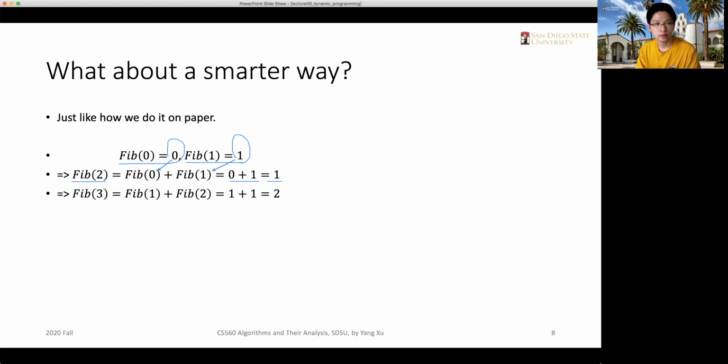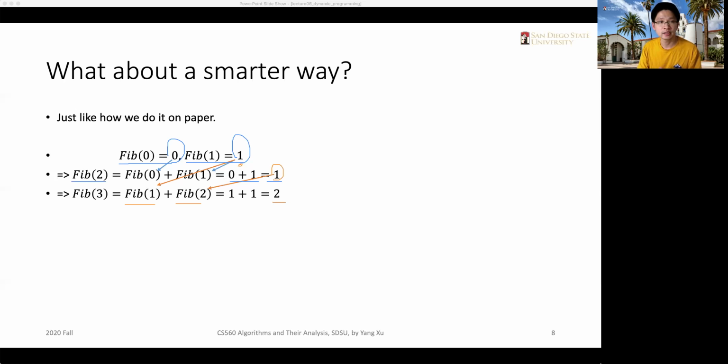In theory, we need to solve fib 1 and fib 2, right? But now we already know the solution to fib 2 is 1, and the solution to fib 1 is 1. So we will directly copy these two numbers. We copy 1 and 1 and make a simple calculation of 1 plus 1, which equals 2, okay?